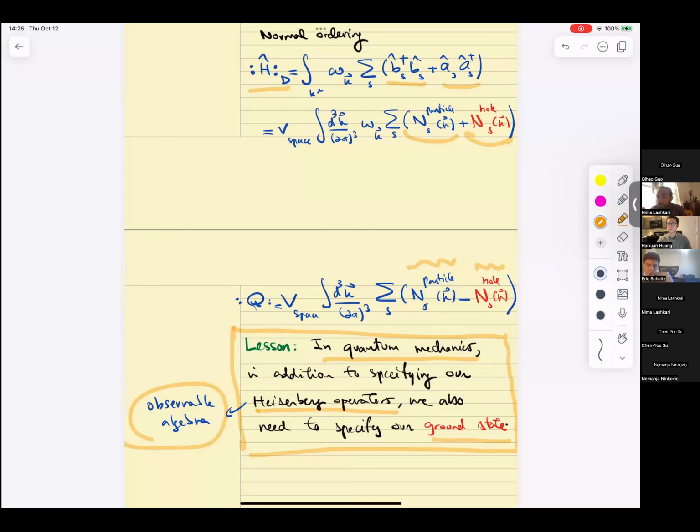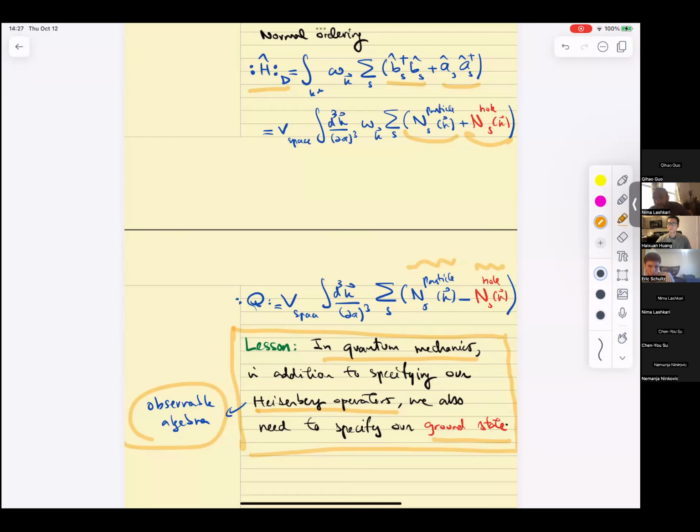There's no new physics. But the physical point I tried to make was that if you, with this new convention, try to pick the vacuum of both b and d particles, the holes, you end up with something unstable, because you could excite a fermion and lower the energy of your vacuum.